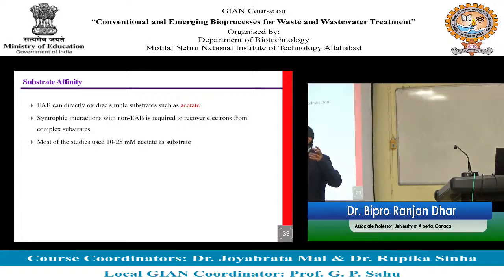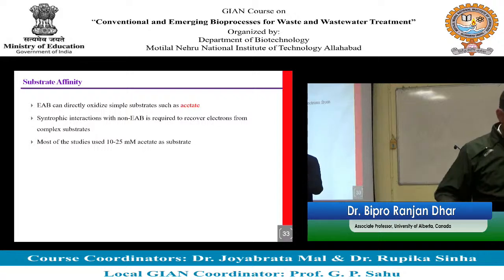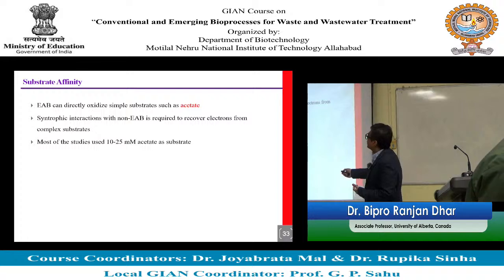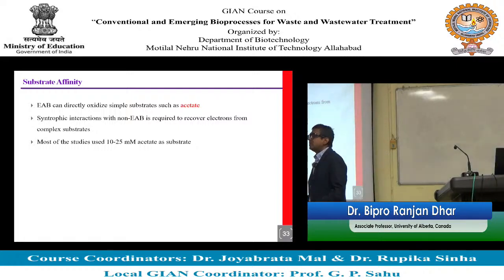So if you have a complex substrate like glucose, it's not going to be directly oxidized by EAB, okay. So you need fermentative bacteria that are going to ferment, produce some organic acid, and then that organic acid can be utilized by EAB. We call this mechanism syntrophic interaction with non-EAB. Some bacteria are not electroactive bacteria, they degrade, and their metabolite can be used by EAB.